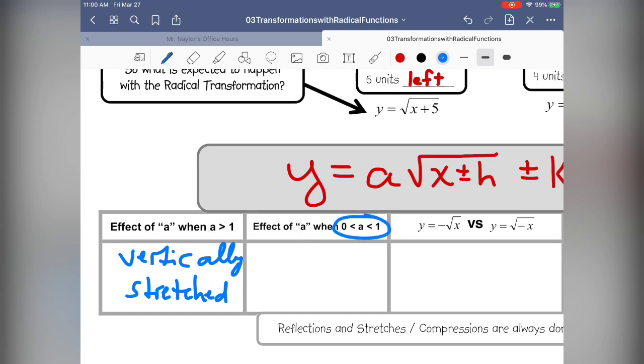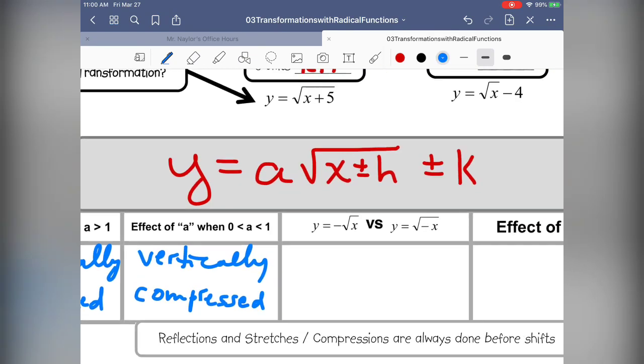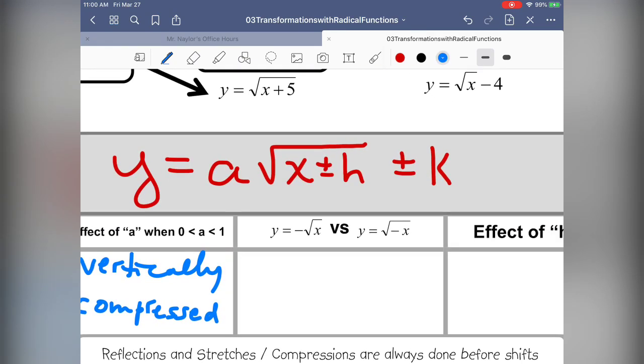And if the A value is less than 1, then the graph is going to be vertically compressed. Now, I didn't show you a graph of a square root that's vertically compressed, but it would feel like somebody pushed down on it.